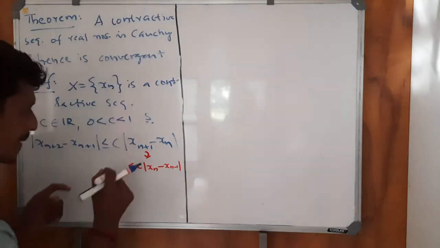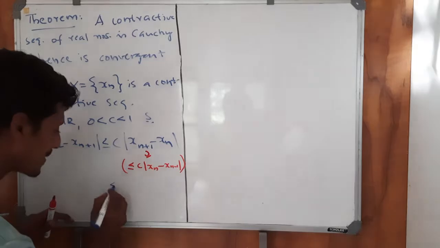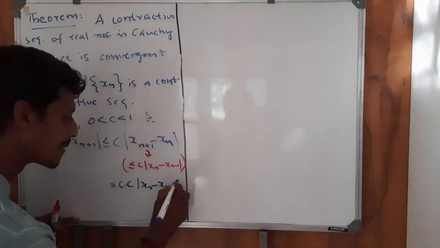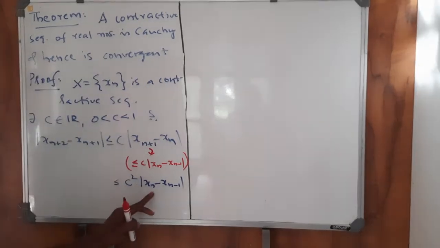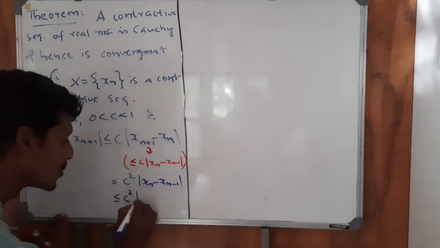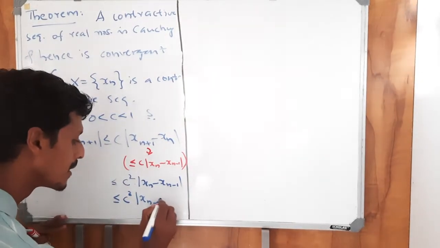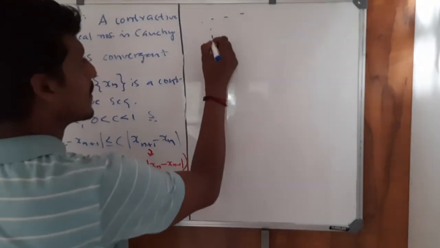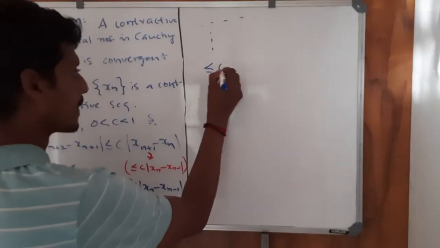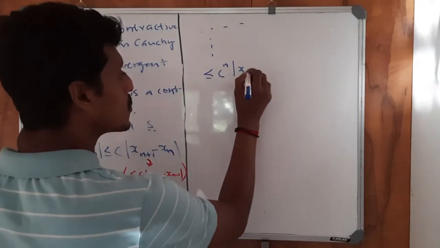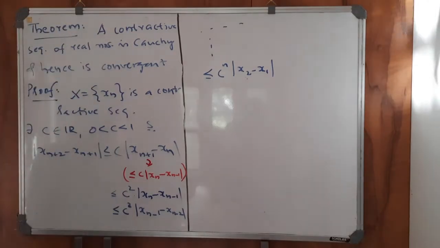That means this will be less than or equal to c |xn - xn-1|, which is c² |xn-1 - xn-2|. So continuing, this is less than or equal to c³ |xn-2 - xn-3|, etc. Continuing this way, this is less than or equal to c^n |x2 - x1|.